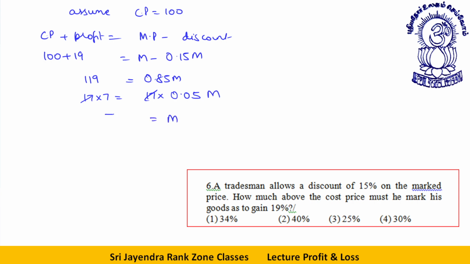So M is equal to 7 upon 0.05, or 700 upon 5, which is the marked price. M comes out to be 140 rupees. Therefore, what is the markup percent? Markup percent is 40%.